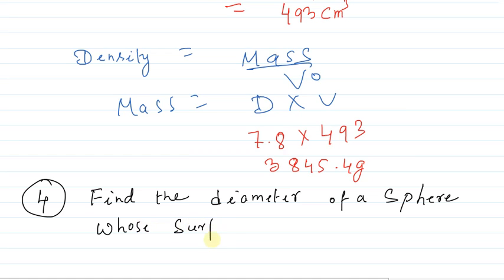So what is the surface area? 154 in the question. This is so easy, you will try yourself. Okay, see, we have to find diameter. So first what do we have to do? First we have to find radius, and after finding the radius we can find diameter. Okay, will I explain or will you do?